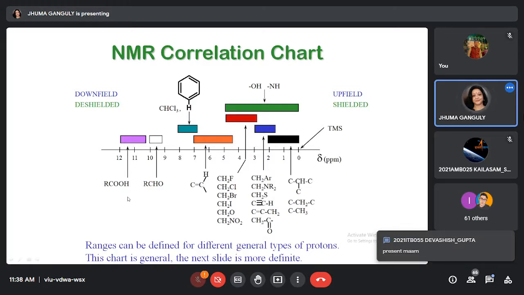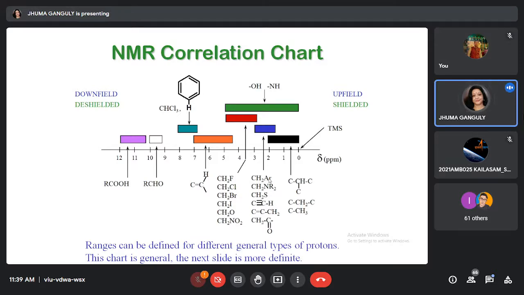Now check one example. Suppose you have this one, a saturated moiety. All protons, with no pi bonding, are shielded with their electrons, so they are at this level. Suppose you have aromatic CH. There is some resonance energy, so the electrons are not with them.